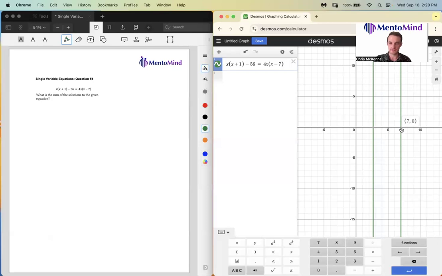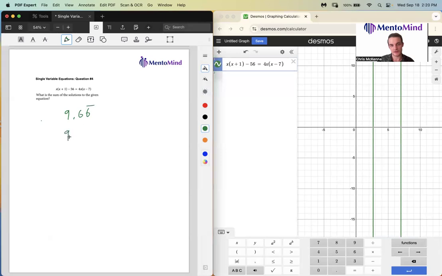Okay, so x equals 2.666 or 7. So the problem is asking us for the sum of the solutions. That means that the sum of the solutions is 9.66 repeating, or we could think about it as a mixed number too, 9 2/3. And that's all there is to it.